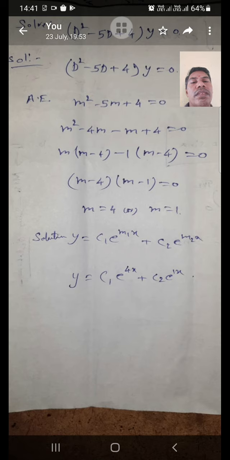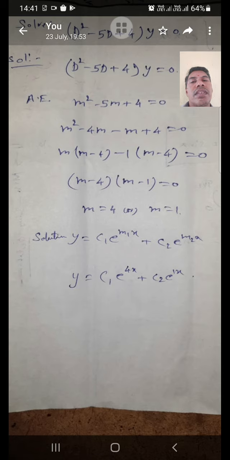In place of D we have to write m. So m square minus 5m plus 4 equals 0. Here we need not write y; think that y, if it goes to the right side, becomes 0. Now we have to find the roots for m.